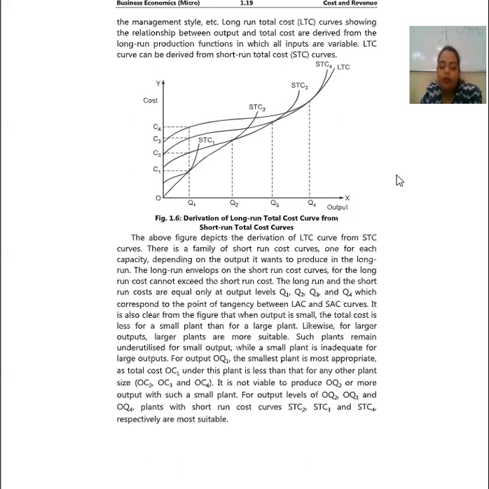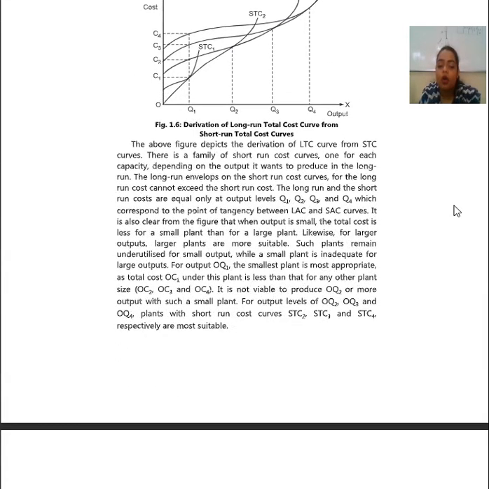For output levels OQ2, OQ3 and OQ4, plants with short run cost curves STC2, STC3 and STC4 respectively are most suitable. So with this we can understand how short run and long run total cost curves can be explained, and how the cost and output go on changing.